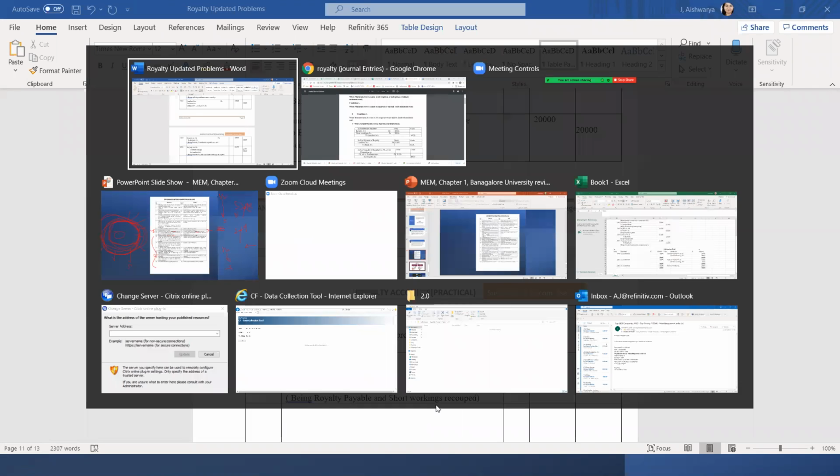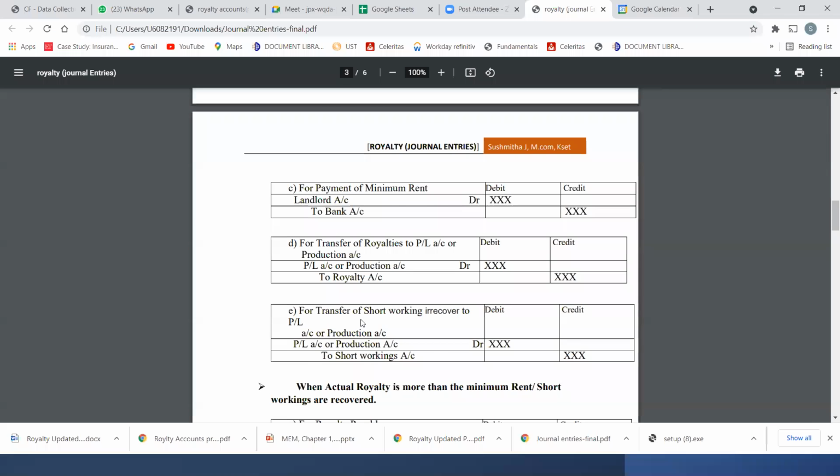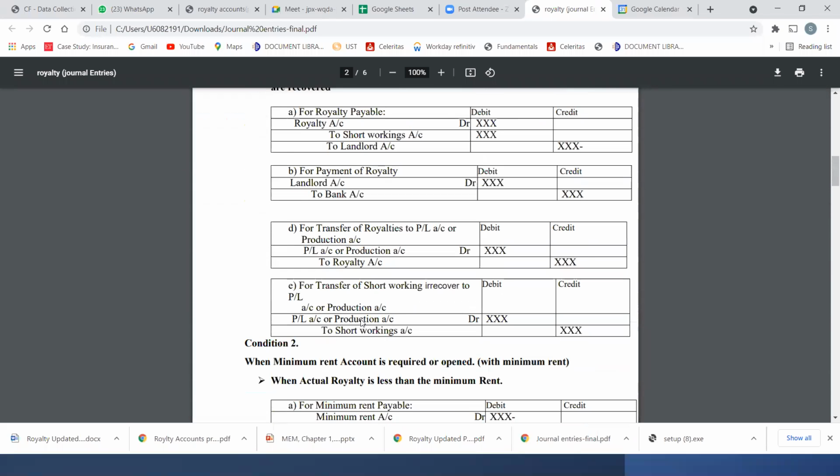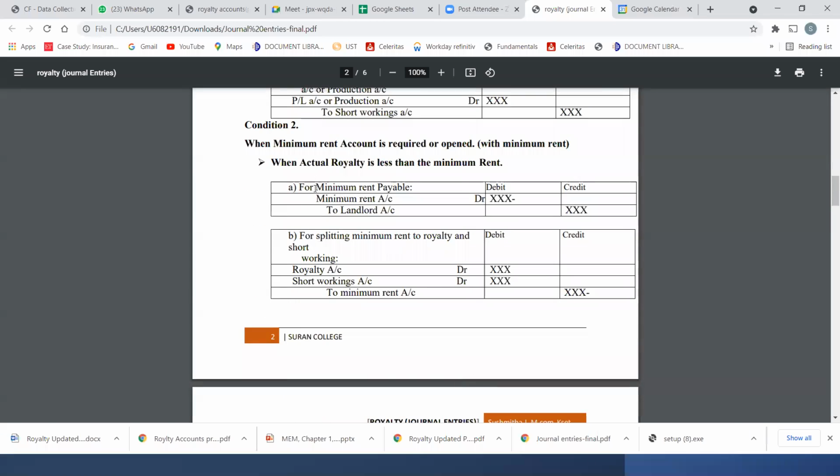The one thing you have to get to know, look into it very clearly: royalties in the books of lessee, that is condition 2, when minimum rent account is required. When royalty is less than the minimum rent, then only you can see the minimum rent account.